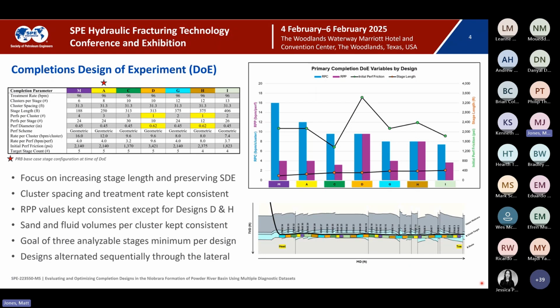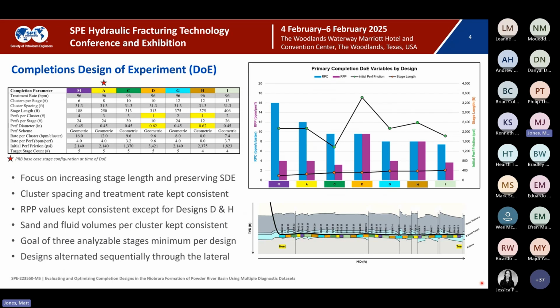This slide provides a ton of information regarding the completion design of experiment. As I mentioned earlier, our primary focus was on increasing stage length while preserving, or if possible, enhancing SDE. And again, the main idea behind that is just being able to complete a horizontal well with fewer stages while maintaining a similar degree of treatment uniformity, which should, in theory, lend itself to a similar or slightly better production response.